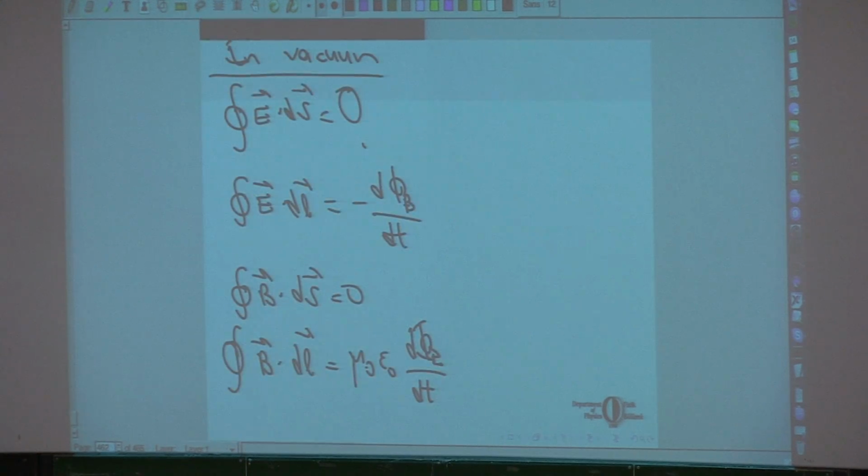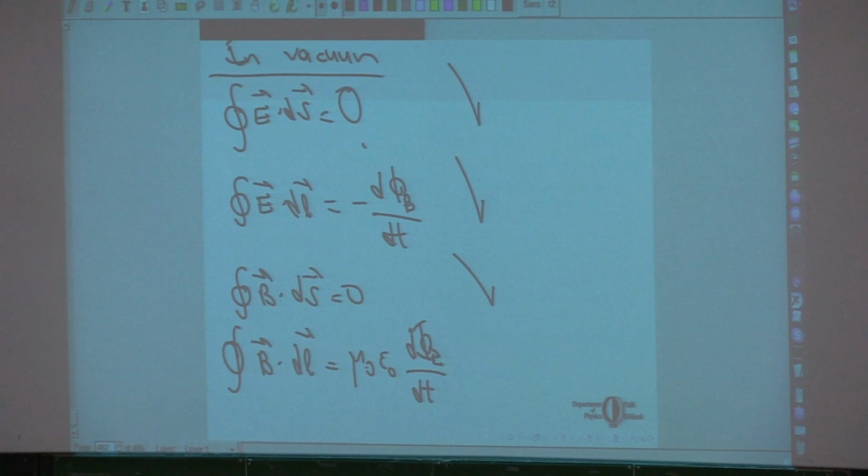Okay, so these are the Maxwell's equations we have. Our guess already satisfied this one, this one. We had determined the condition under which this is also satisfied. Now we have the last one.